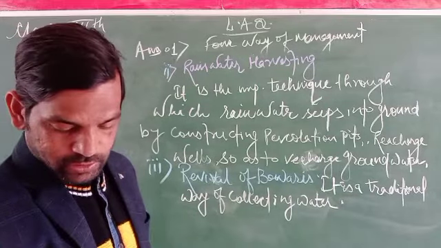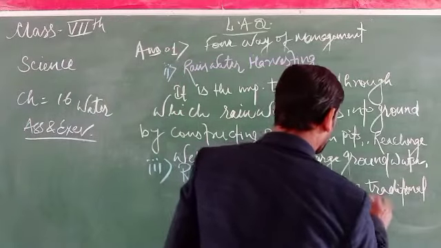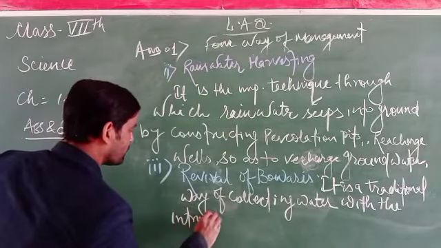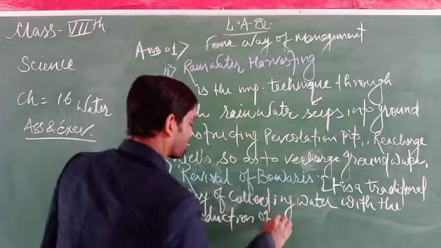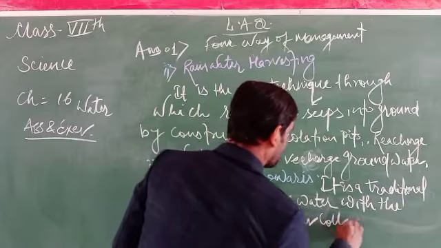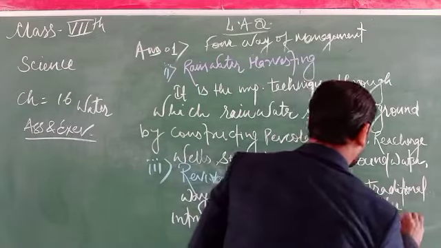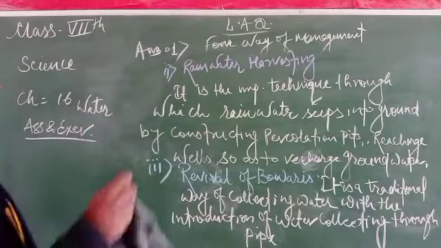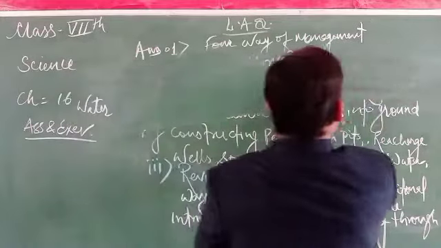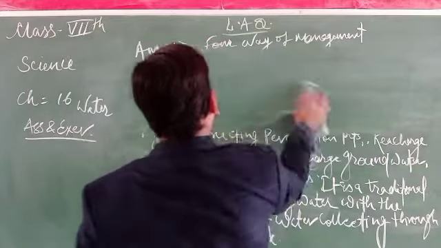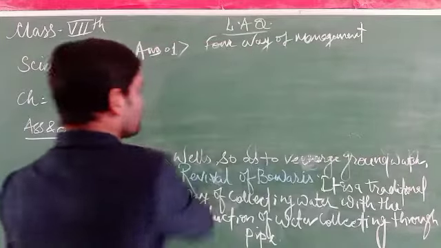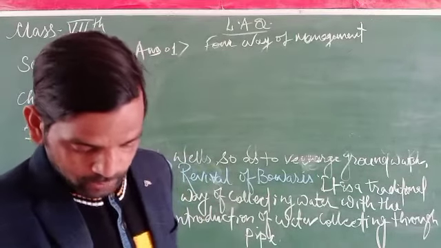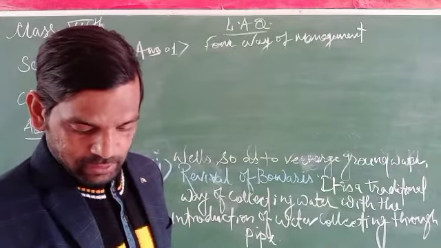With the introduction of water supply through pipes, the bowries fell into disuse and garbage started piling in these reservoirs.